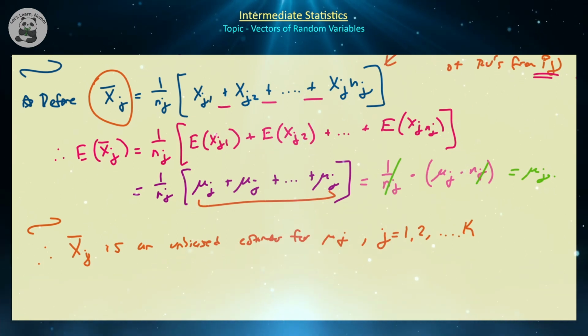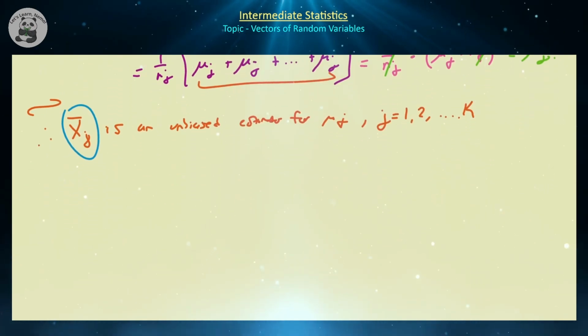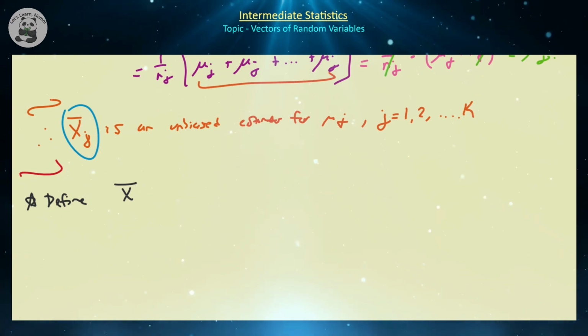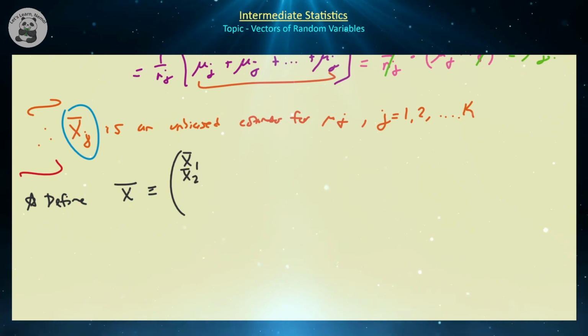So let's see if we can construct a vector that has all of these unbiased estimators within them. Now we're going to define x bar. This is going to be a random vector, and this is going to contain your x bar 1, x bar 2, all the way down to x bar k.